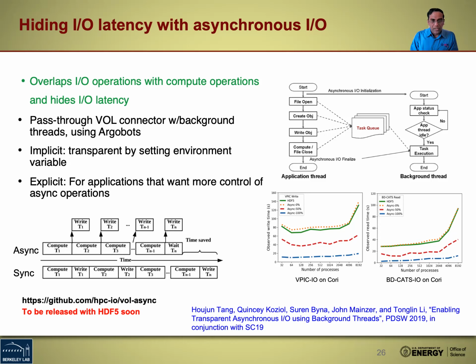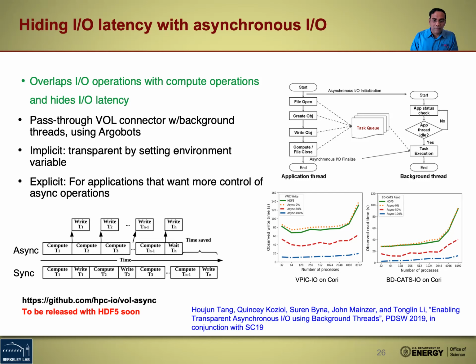There is a significant amount of technology description in this paper if you're interested, and there is also going to be a new paper coming up on this, which describes giving more control over when to do asynchronous operations. For the current performance, this is the performance we are seeing if you are using HDF5.